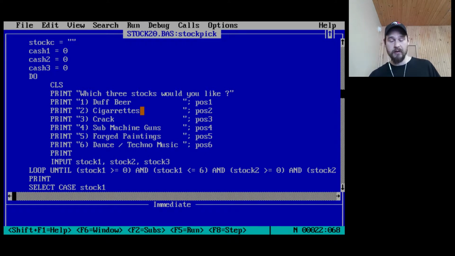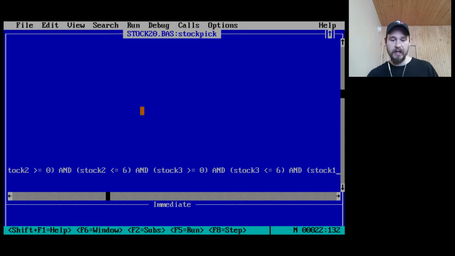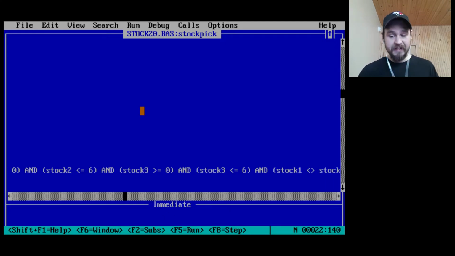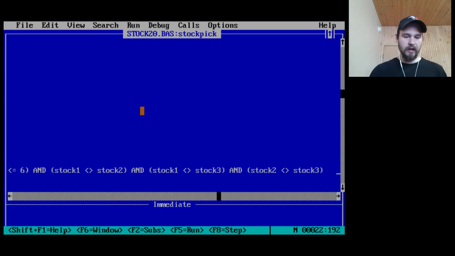Stock 2 has to be greater or equal to 0, and less than or equal to 6. So I'm checking each stock that it's in the range from 1 to 6. But I'm not done yet. Then I'm making sure that they're all different. Stock 1 is not stock 2, stock 1 is not stock 3, and stock 2 is not stock 3.